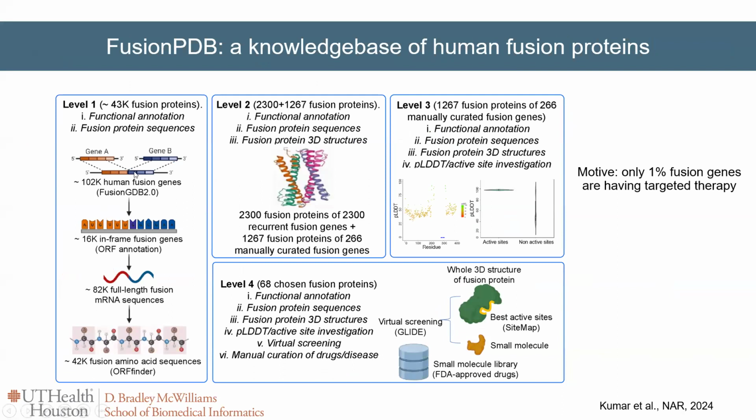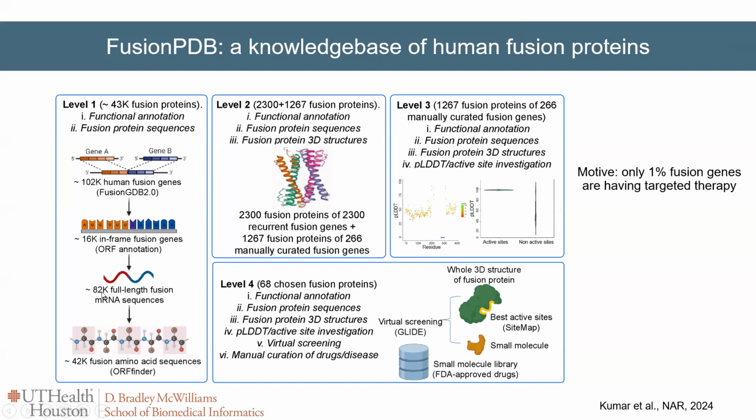Out of these 102,000 fusion genes, after checking in-frame versus out-of-frame, we have 16,000 in-frame fusion genes. For these, considering multiple breakpoints and multiple gene isoforms, we made 82,000 fusion transcript sequences.